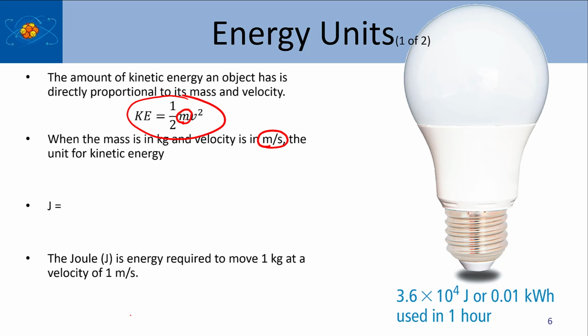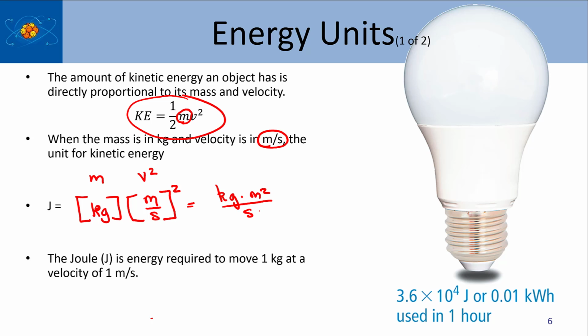And so if we're just looking at units, not the equation, I have the mass, which is in kilograms, and I have the velocity, so this is m, right? This is going to be v squared, so it's going to be meters per second, and I'm going to square it. What you end up with is a kilogram times a meter squared per second squared.